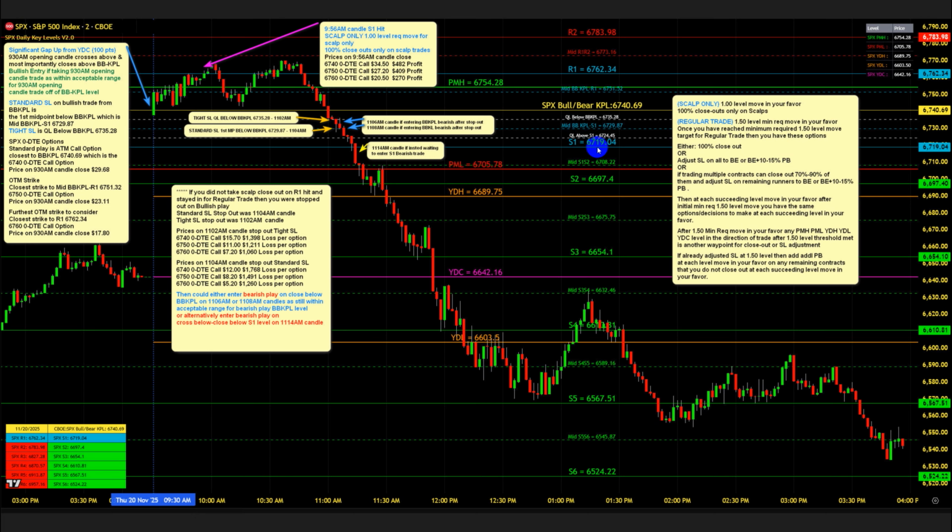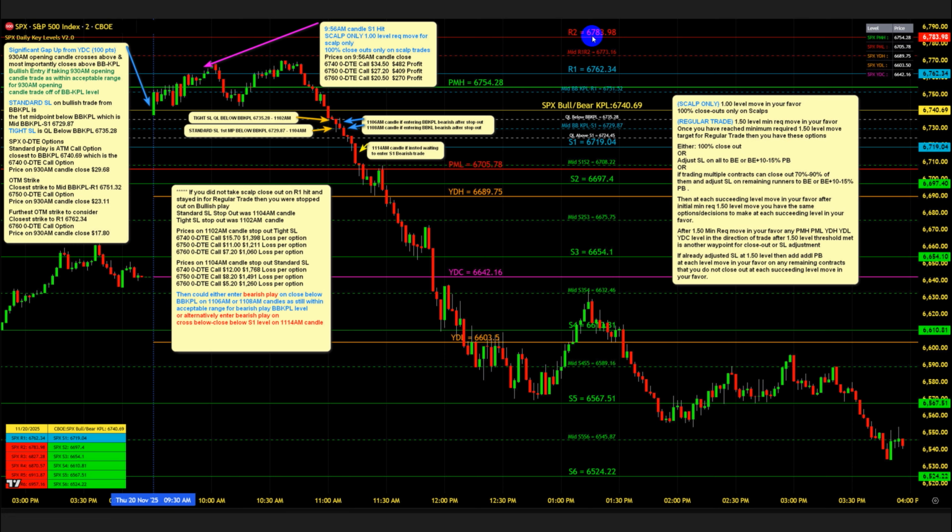What I mean by group controlled is that you can control the size by group of these line labels, and you can also control the offset, moving any of the groups over more to the left or more to the right, or you can have the offset set the same for them as I have here, so they're all straight up and down. Also, the PMH and PML is a group, YDH, YDC, and YDL is a group, and those are also independently controlled, both for the size of the text of the line label as well as the offset on the group as well.